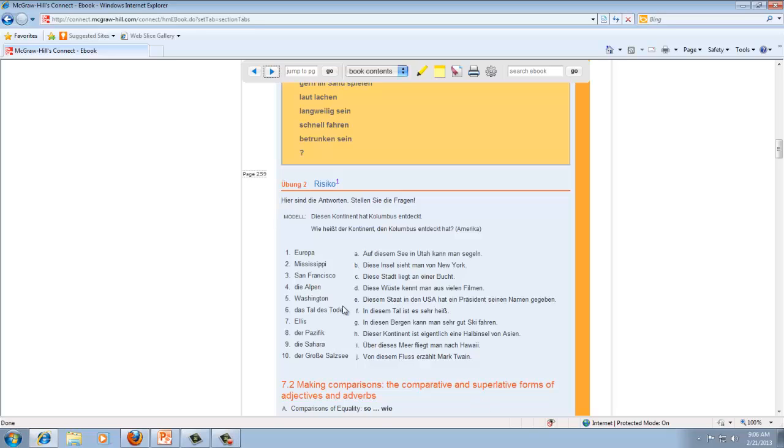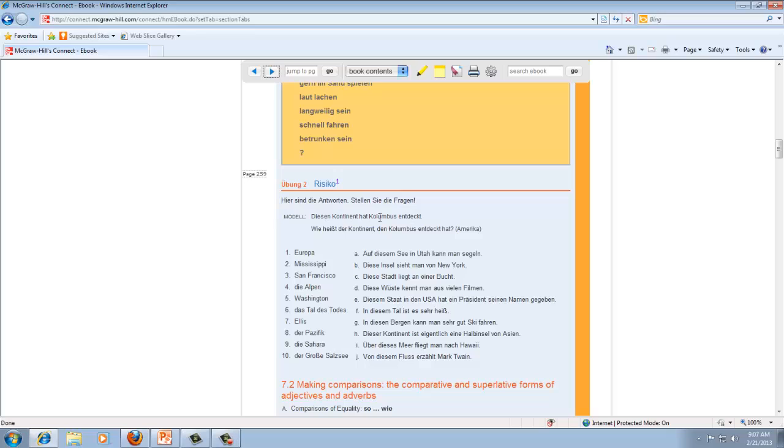So this is Übung 2, Risiko, Seite 259. You have this list of answers on the left, and on the right you have these sentences, so they're obviously going to match up, but what you need to do is create a question out of these. It's a little bit tricky, so let's look at the model here. "Diesen Kontinent hat Columbus entdeckt."